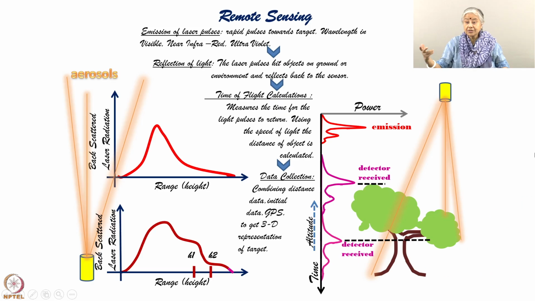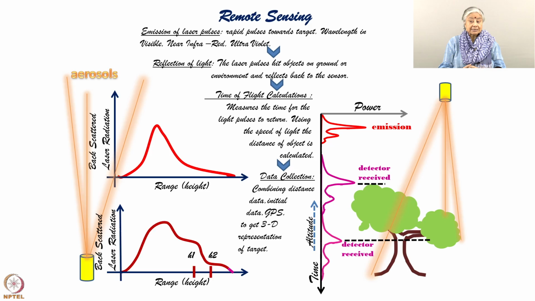So in archaeology they do that. They map the whole terrain of, say, an ancient temple or city structure, just by scanning the laser and taking the reflected signal back, and you get that.